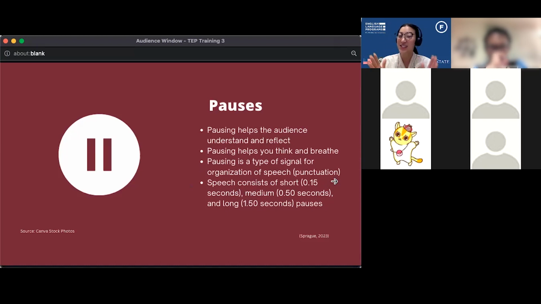Medium pauses are just half a second, and longer pauses are about 1.5 seconds, so a bit longer. You can have even longer pauses than that in order to give your audience some time to think and for you to think as a presenter. But these are things that are really important.